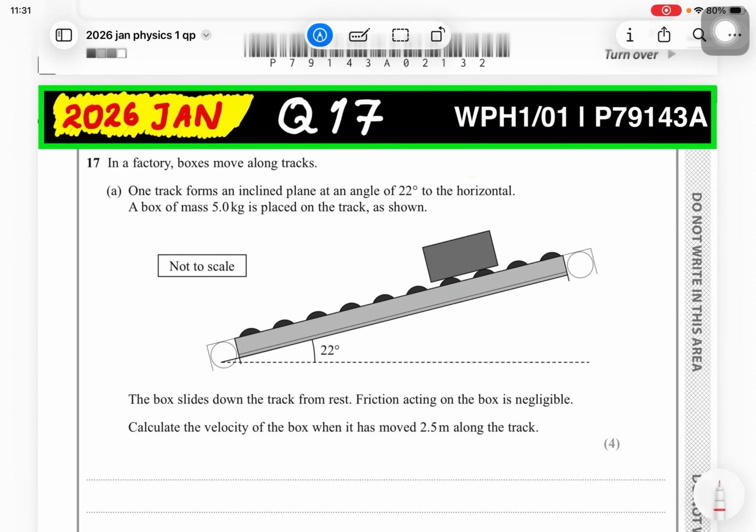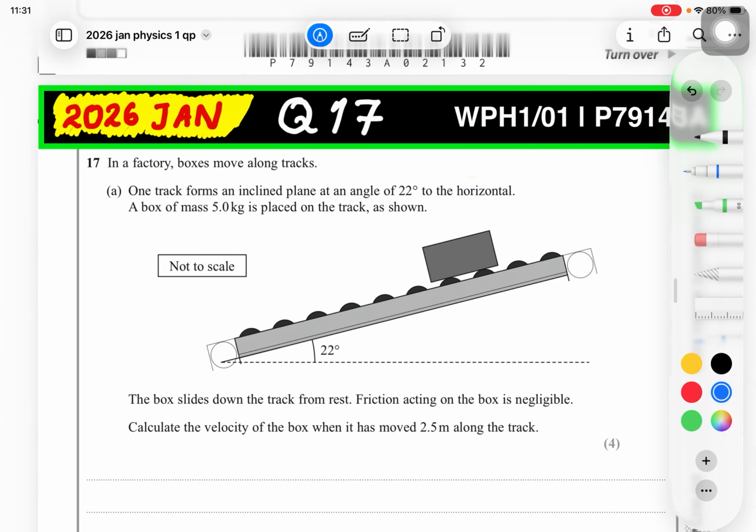So now in this question, we are moving to question number 17. Let's grab our information. They say the angle is important information. They're talking about this angle, and also the box of mass is 5.0 kilograms, and it slides down the track from rest, and the friction acting on the object is negligible.